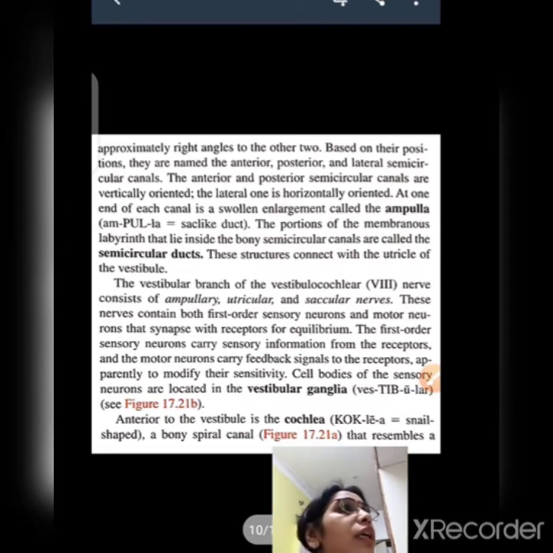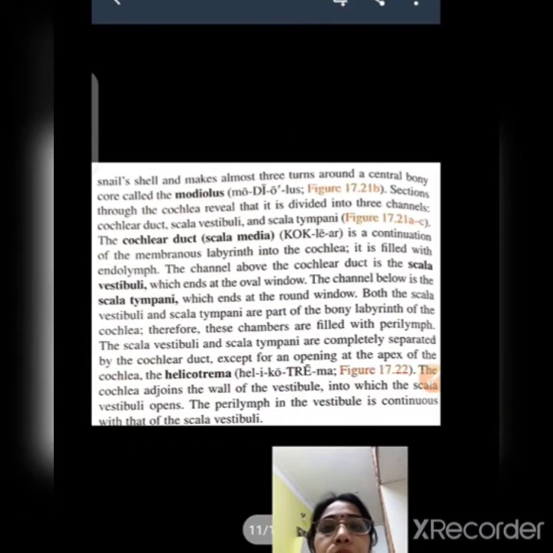Now, interior to the vestibule is the cochlea, a bony spiral canal that resembles a snail's shell and makes almost 3 turns around the central bony core called the modulus.